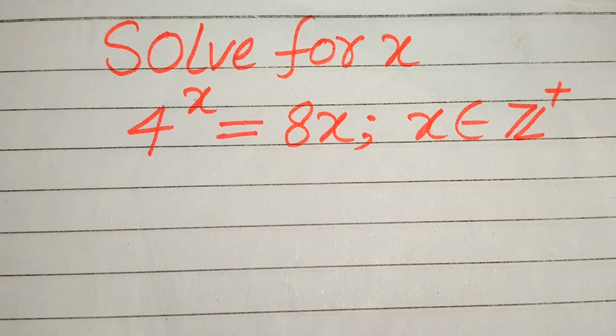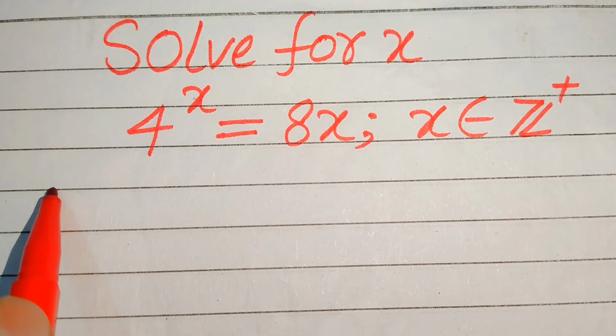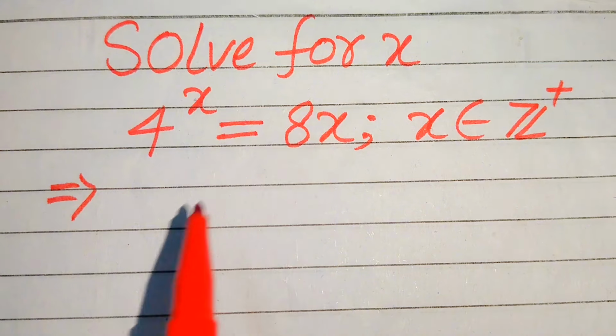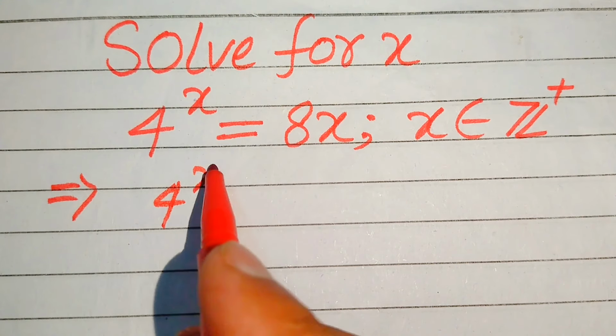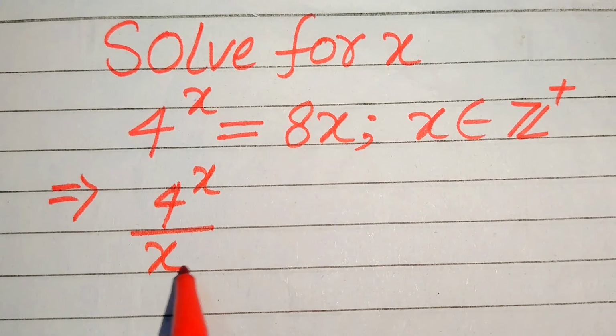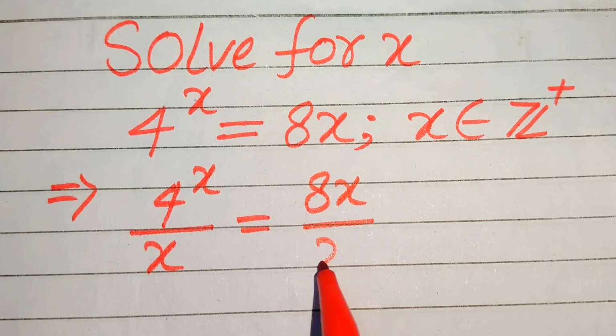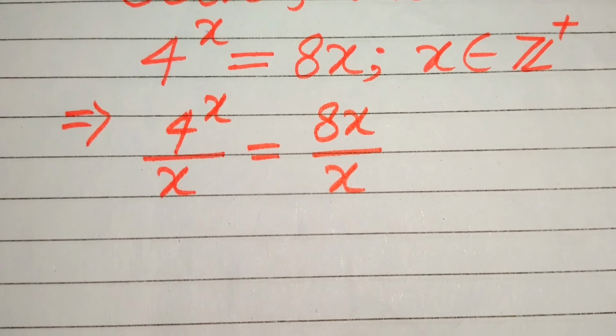Now the very first thing we are going to do is move the variable terms to the left hand side. For this we need to divide both sides by x. So when we divide both sides by x, it will be written in this form: 8x divided by x.